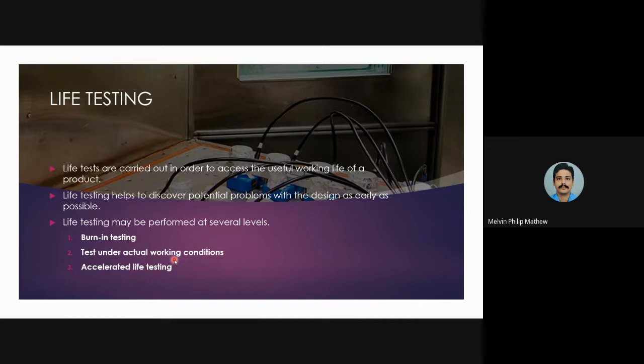And the last life testing is accelerated life testing. So what happens in an accelerated life testing? I have told you before, test under actual working conditions takes much time. Okay. And what happens is, we don't have sufficient time maybe for producing the product, and it is time consuming.